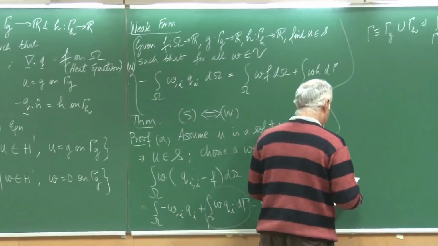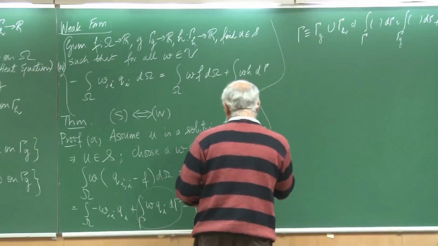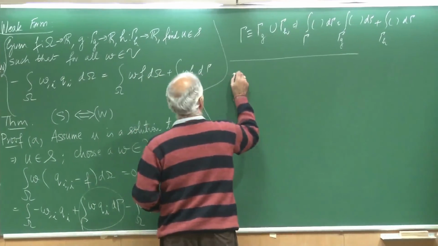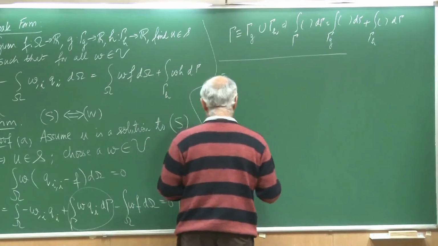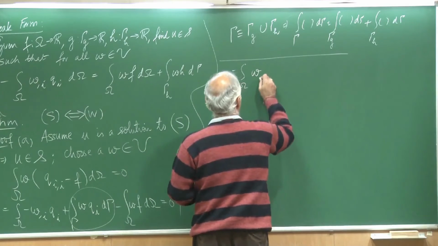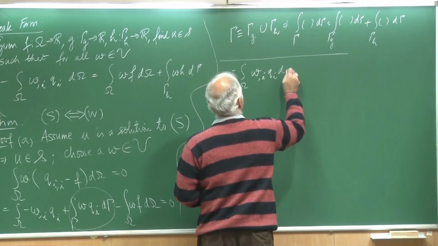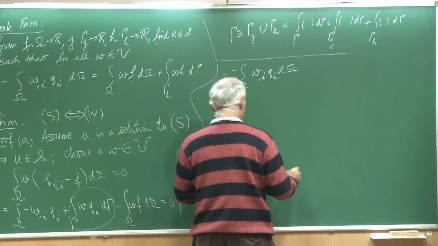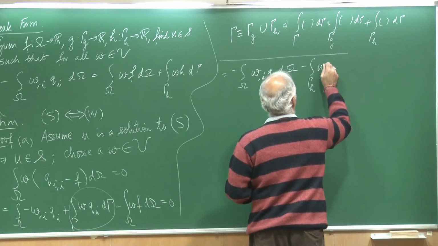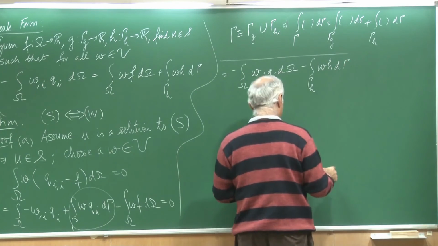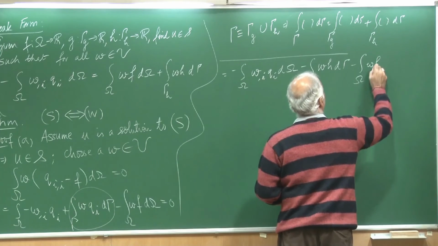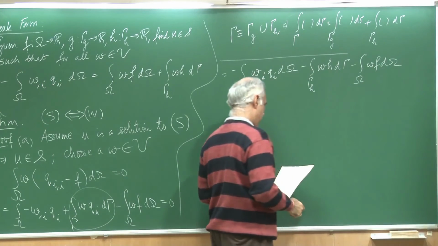All right, so this integral at the bottom I can write as minus the integral of w comma i qi d omega, minus the integral over gamma h of w times h d gamma, minus the integral over omega of w times f d omega.